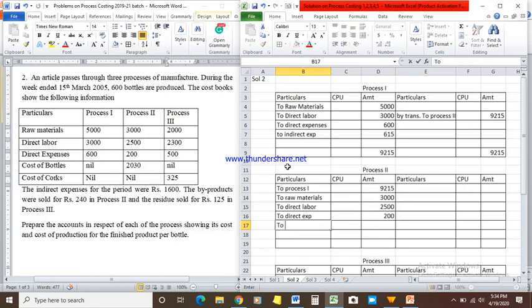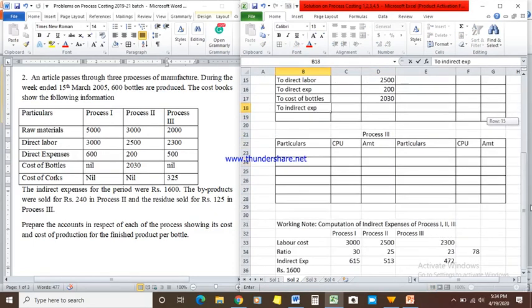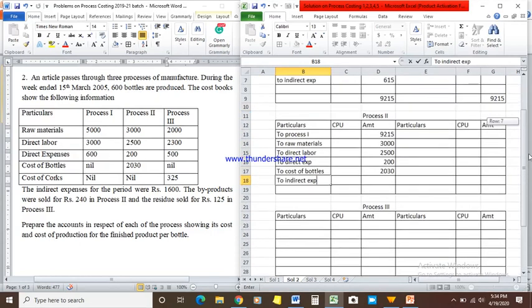Now here the cost of bottle is given, to cost of bottles 2030, to indirect expense, we refer to the working note, it is 513.